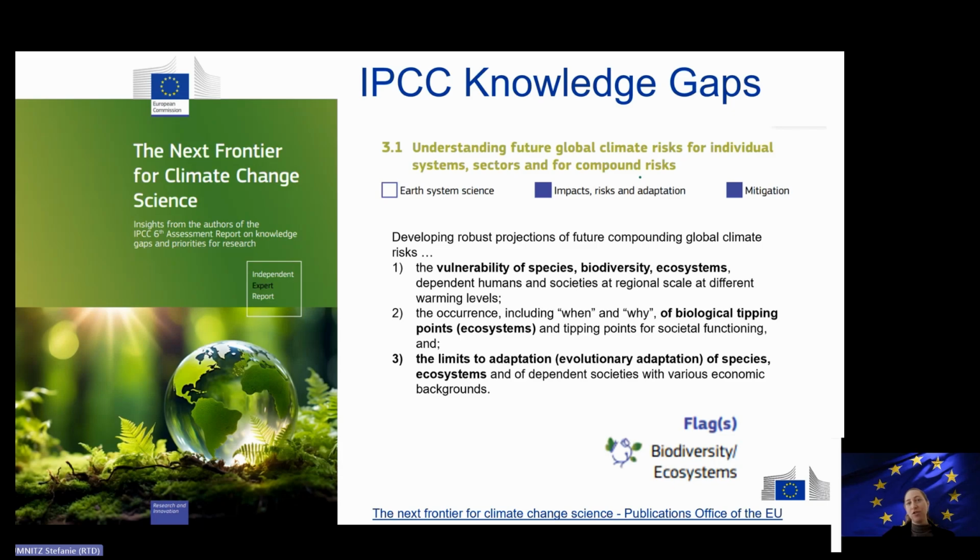So here the challenge, mainly assessed for mitigation and impacts, was that we still have to work more towards developing robust projections for future compounding global climate risks. This includes the vulnerability of species, biodiversity, and ecosystems, not only looking at climate tipping points, but also assessing biological tipping points and ecosystem tipping points for societal functioning.